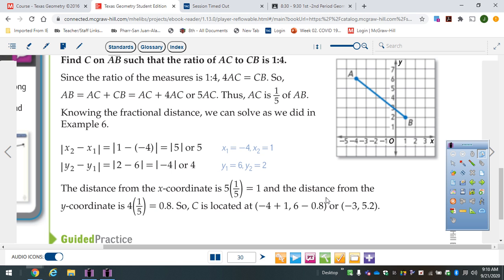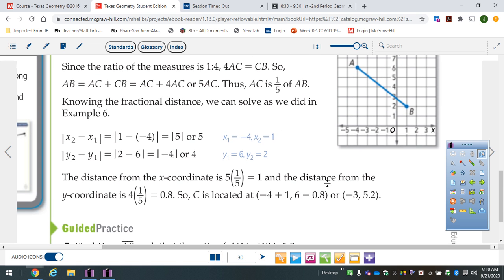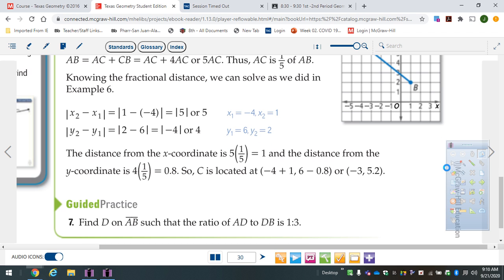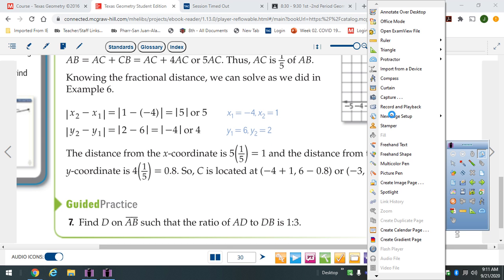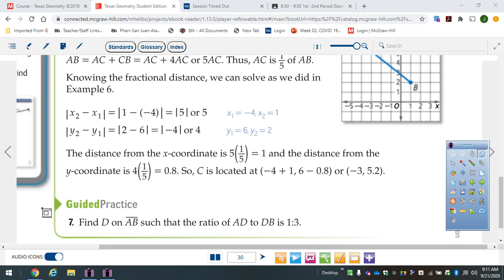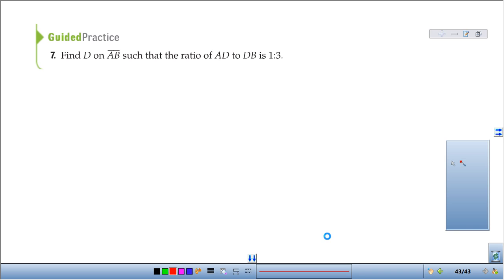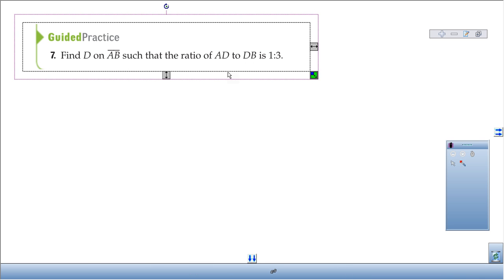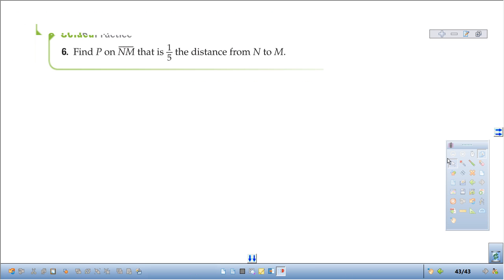Let's try this one right here. Move it up, move it up. Okay, I'll just copy it. Copy.